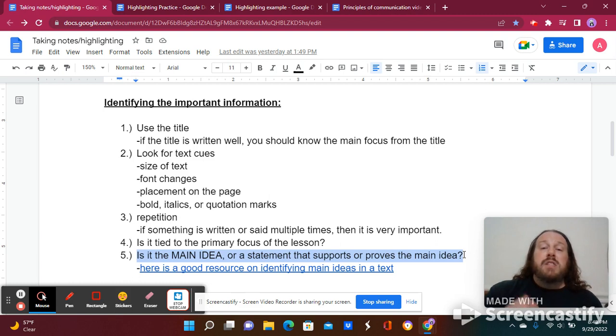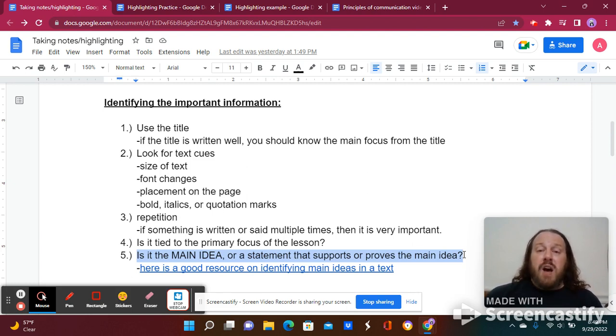Any statements that support or prove that main idea, again, those are important. They help you trust that you can believe the information that you're being given. But that's not information you're going to need to be able to find immediately. You're most likely not going to have to find those proofs or find that support.